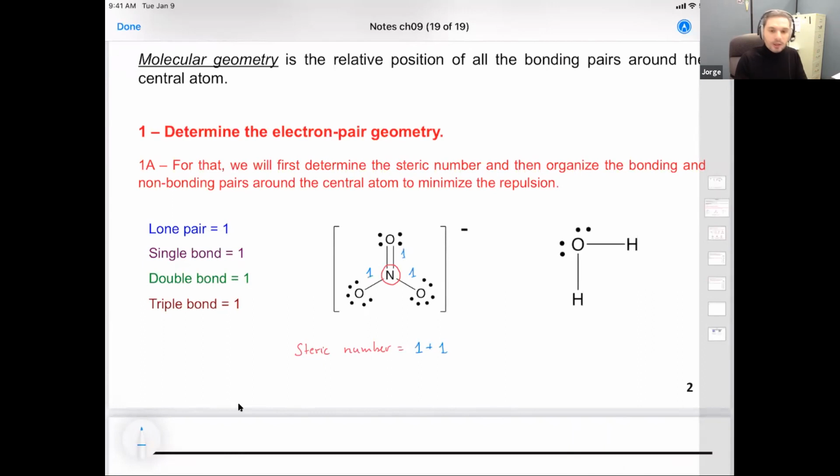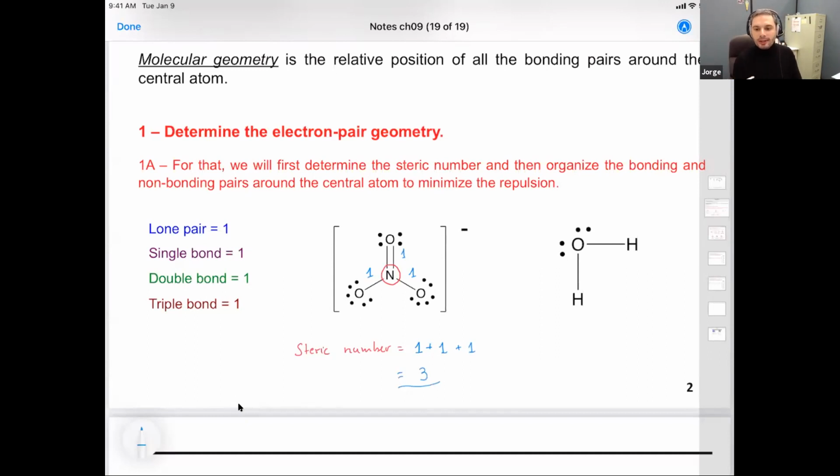Okay? Therefore, the total steric number around the nitrogen is going to be 1 plus 1 plus 1, which will give a steric number equals to 3. Okay? So for the steric number, just add up everything that's around the central atom. Lone pair is 1, single bond is 1, double bond is 1, and triple bond is 1 as well.